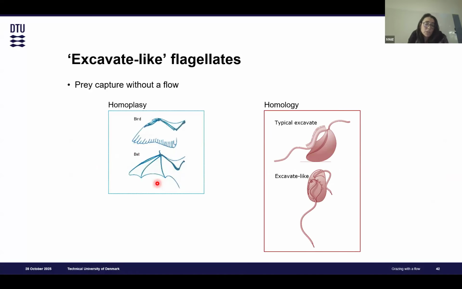So this leads us to the last question: how have these morphological features evolved?